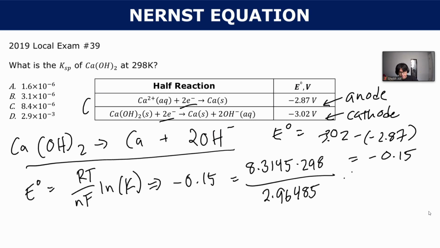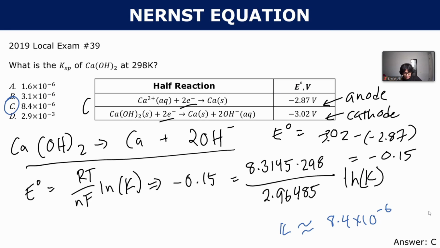And then all this is times the natural log of K. All we would have to do at this point is solve for K. And you can do that just by manipulating some of these numbers. And you'll realize that K is going to be about 8.4 times 10 to the negative 6th, which is answer choice C. And that is, in fact, the right answer.